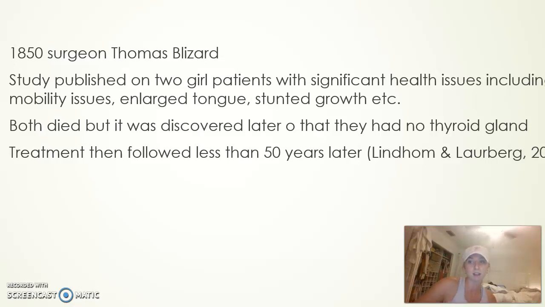Obviously back then we had no idea what congenital hypothyroidism was. Sadly, both girls died at a young age, but it was later discovered that they had no thyroid gland at all. Fifty years later, a treatment was developed, and that became the present-day treatment for congenital hypothyroidism. So I thought that was a cool bit of history.